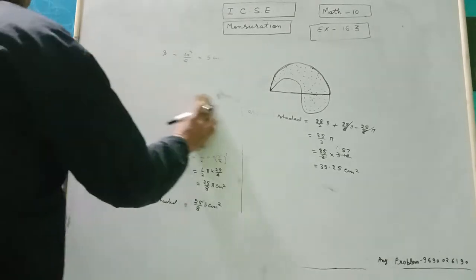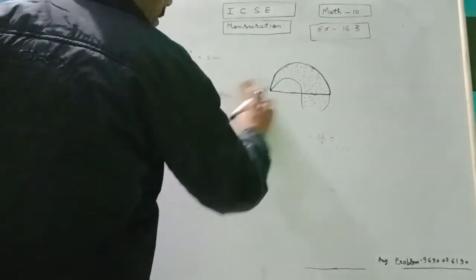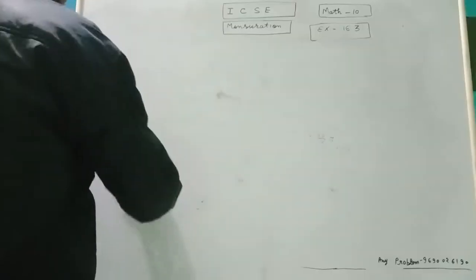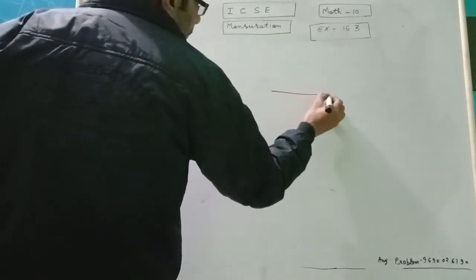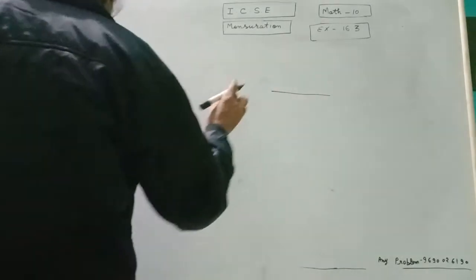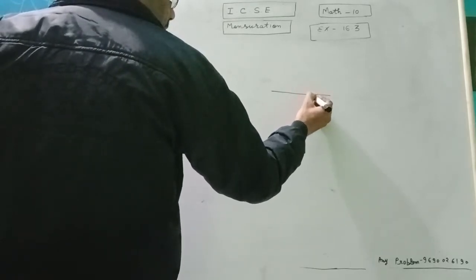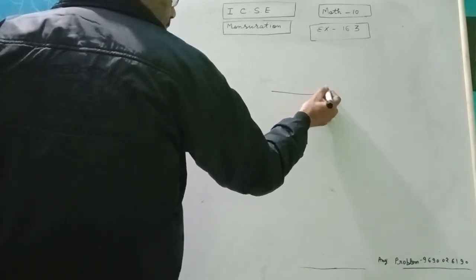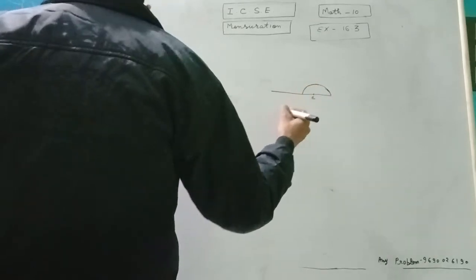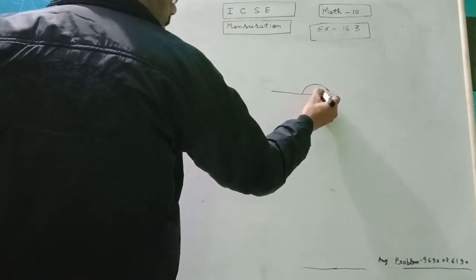Question 32 is next. The first part is the given figure. This radius is 2 cm, 2 cm.